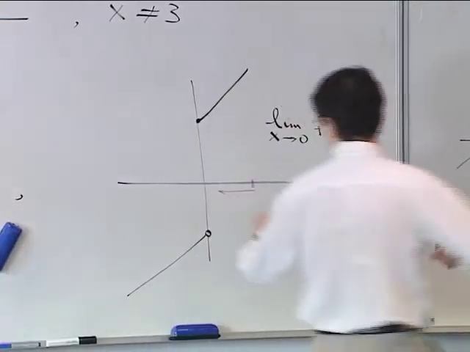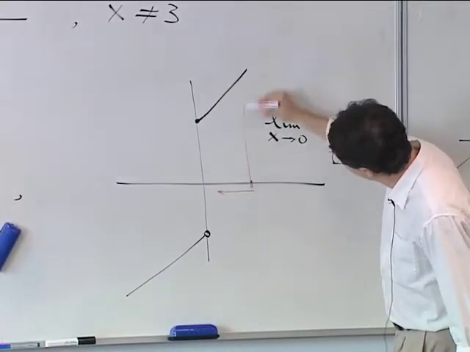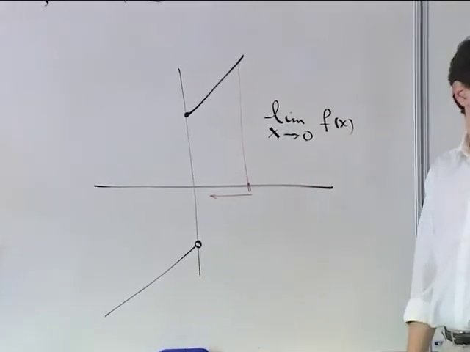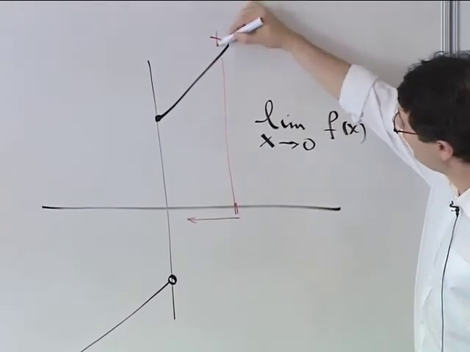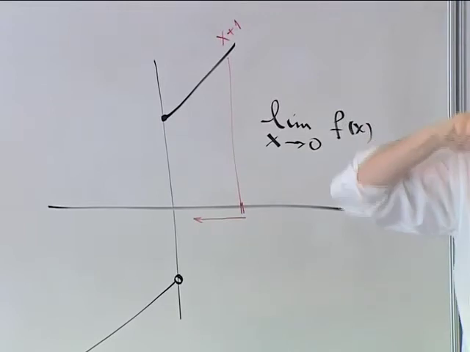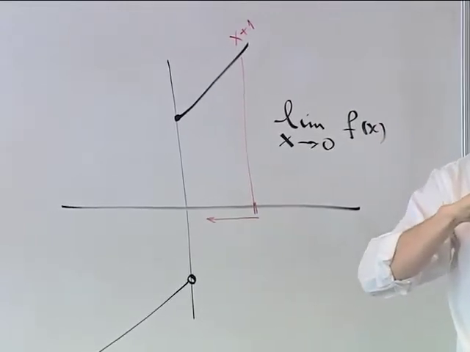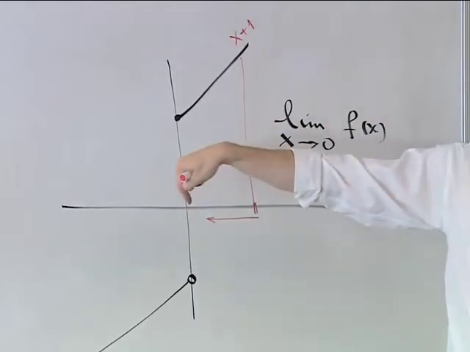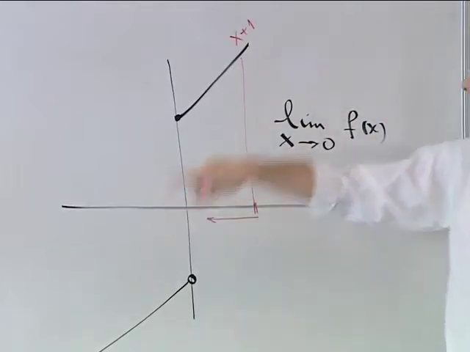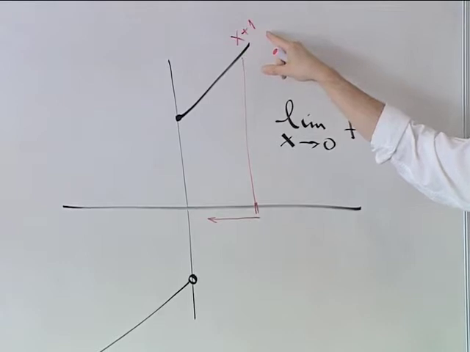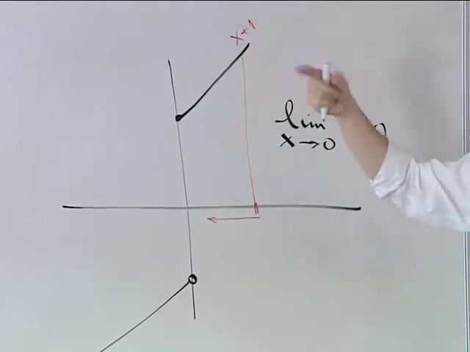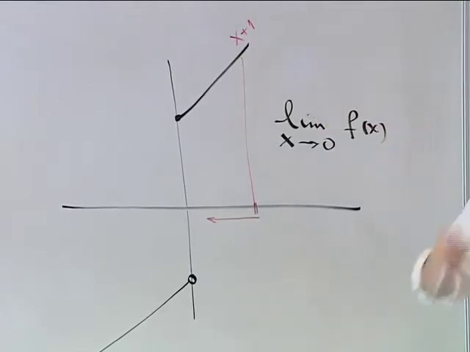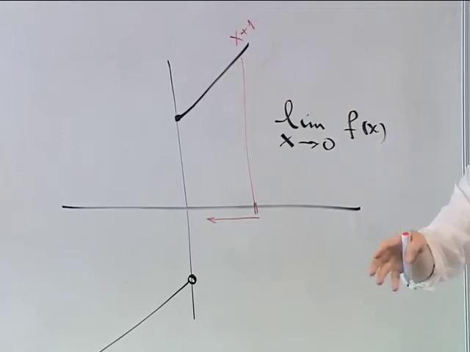Well, from the right side, the formula you use is this one, which is x plus 1, remember? And x is going towards 0. Can you plug in x equals 0 in the formula x plus 1?